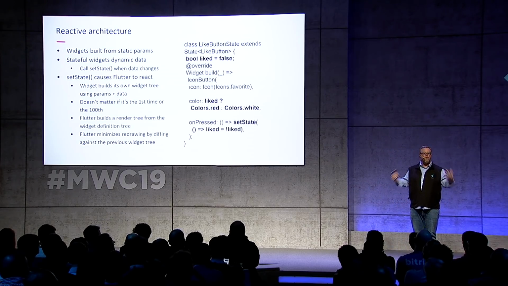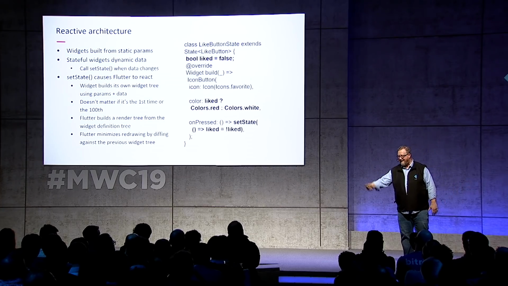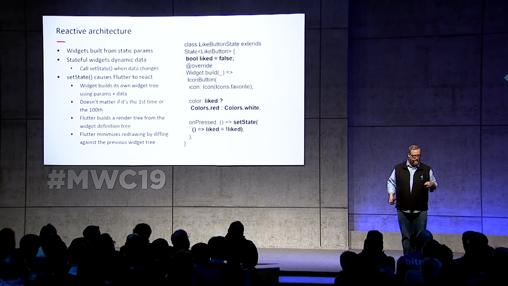You don't have to worry about, is this the first time this widget is called? Is this the second time when I have to make minimal updates? And the reason you don't have to do that is because Flutter, when it reacts to the set state call, will gather up what you give it in the build method and then compare it to what's already on the screen and come up with the smallest possible delta to make the change.